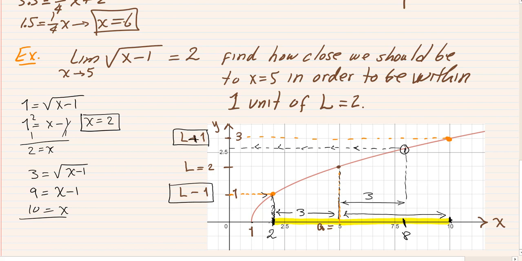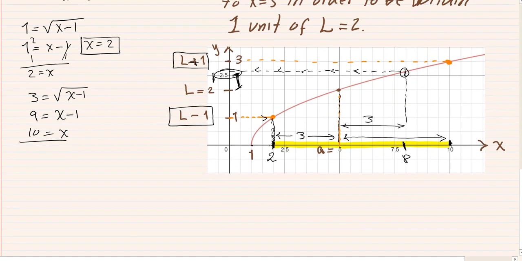And actually I'm doing better than 1 unit away. This distance right here is less than 1 unit. So that's why we choose the smaller of the two for nonlinear functions, because we know we're doing better on one end. Hopefully this makes sense.